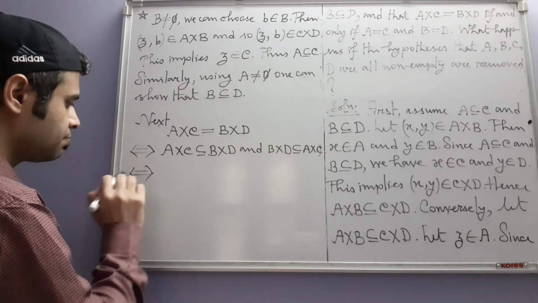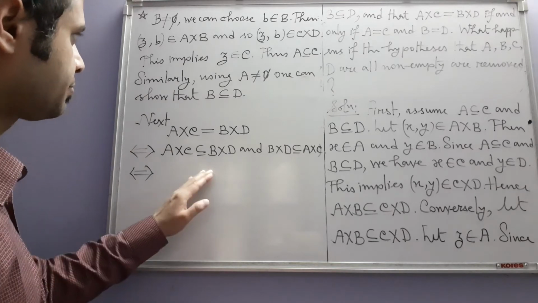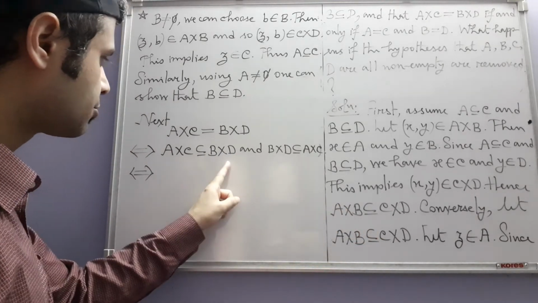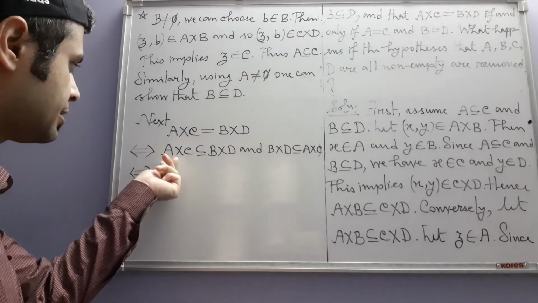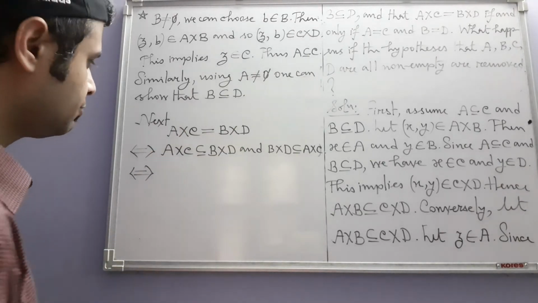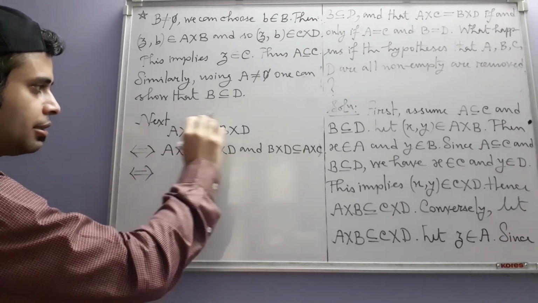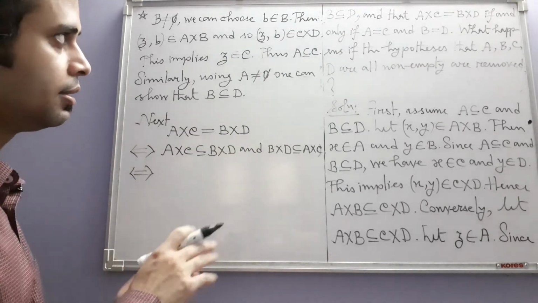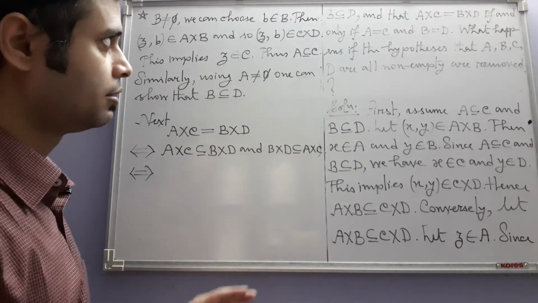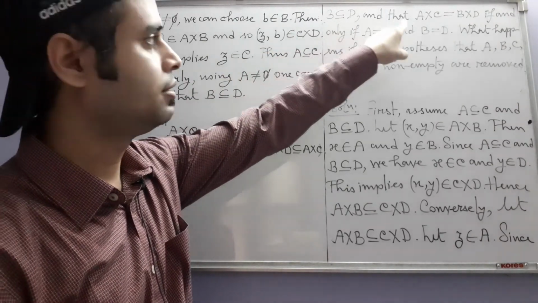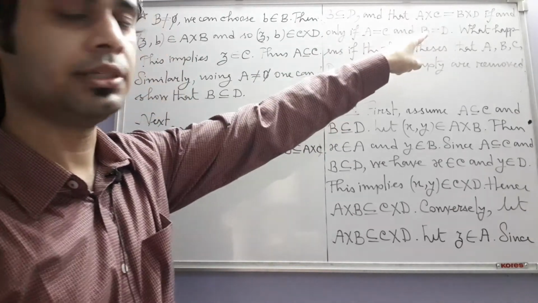Now what have we proved just now? That this is true if and only if A is a subset of B and C is a subset of D. Keep in mind that the hypothesis that all the sets are non-empty is still there. Under that hypothesis, that's why they are writing "and", this if and only if this and this.